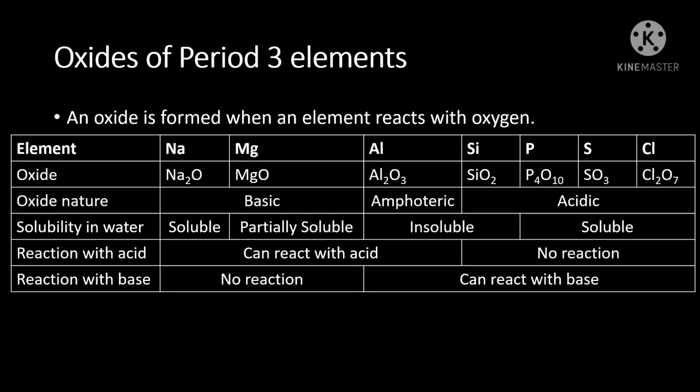Now we move on to look at silicon dioxide, tetraphosphorus pentoxide, sulfur trioxide, dichlorine heptoxide. These 4 oxides are acidic oxides. For silicon dioxide, it is insoluble in water, while the other 3 oxides are soluble in water. Since they are all acidic oxides, they have no reaction with acid but can react with base to form salt and water.